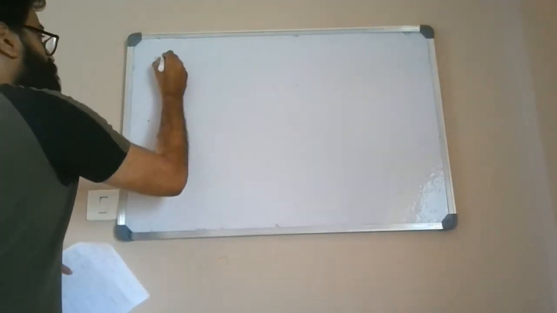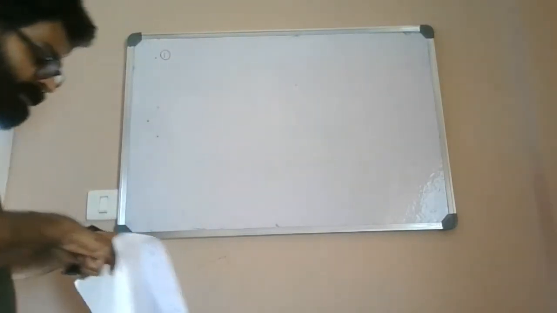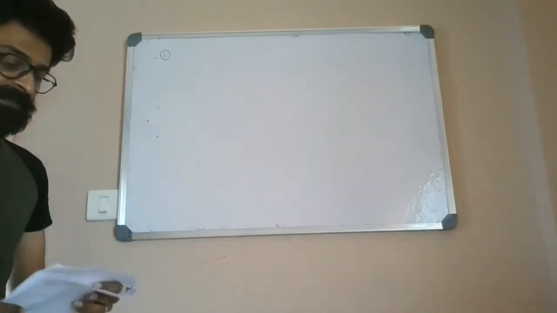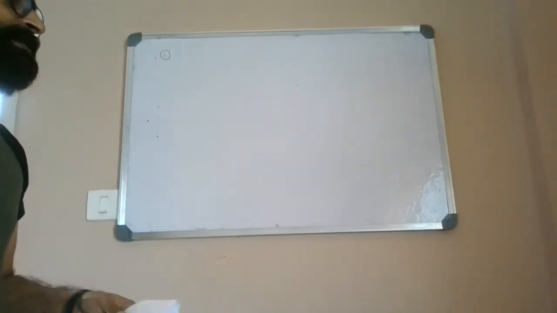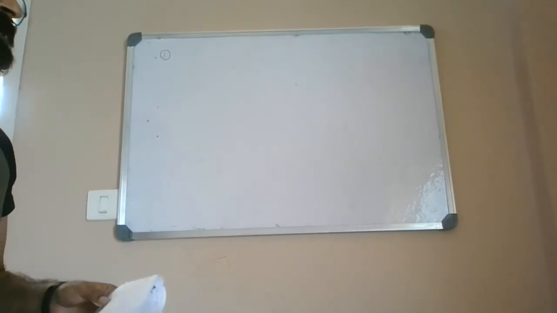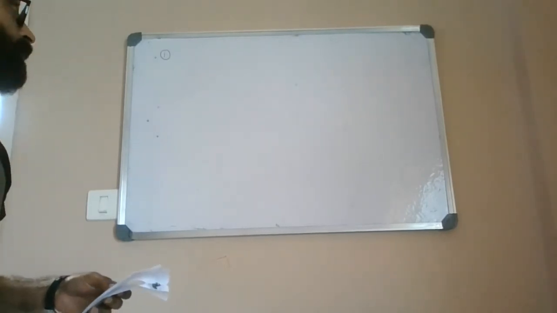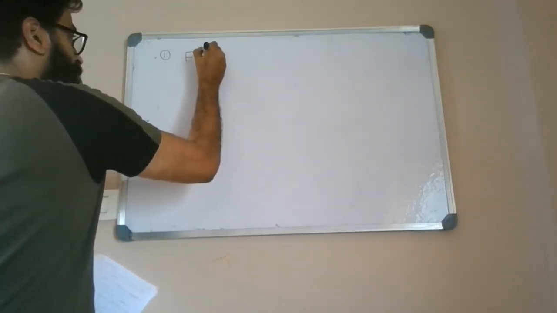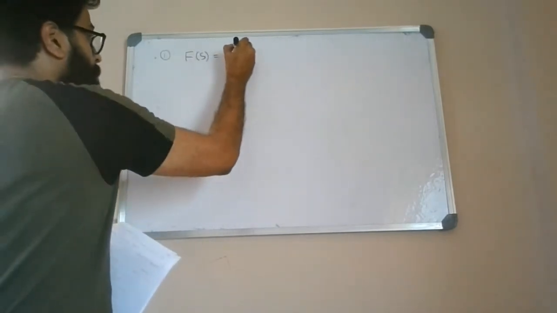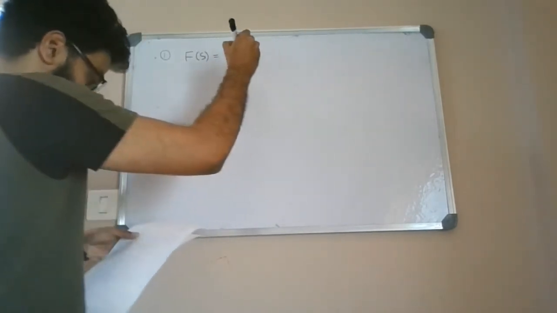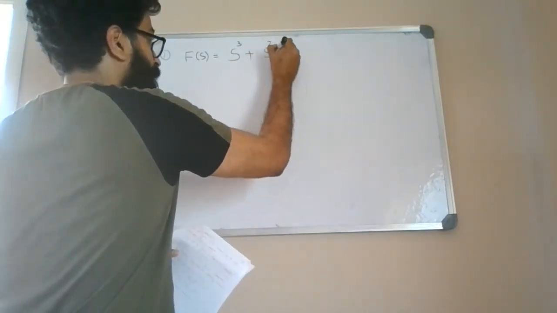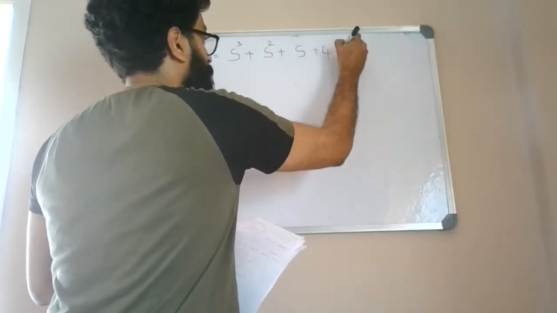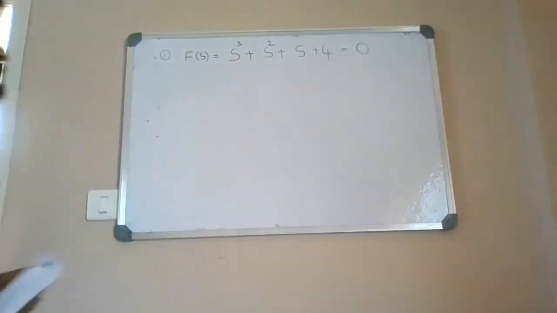All right. So first problem, let us consider. Take down the problem statement. A system is characterized by the following characteristic equation given by f of s is equal to s cube plus s square plus s plus 4 is equal to 0.